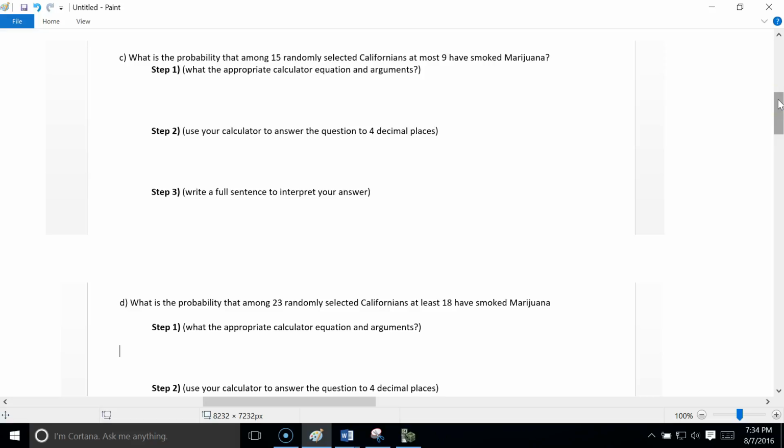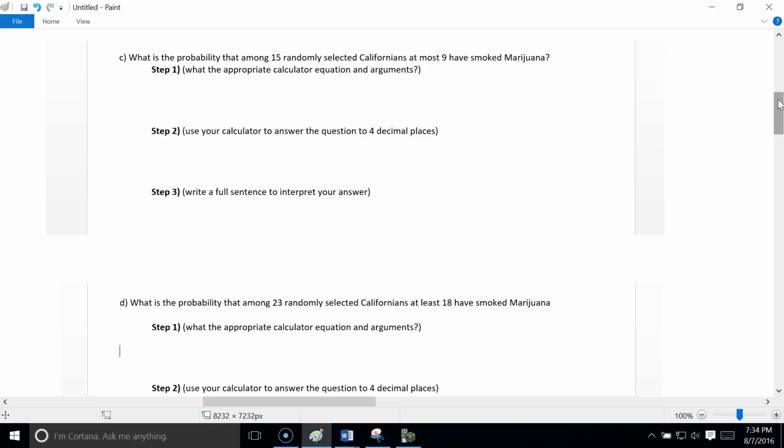Moving on to part C. What is the probability that among 15 randomly selected Californians, at most 9 have smoked marijuana? Okay, so because this is an at most, it means that we include the values that are smaller than 9 including 9.